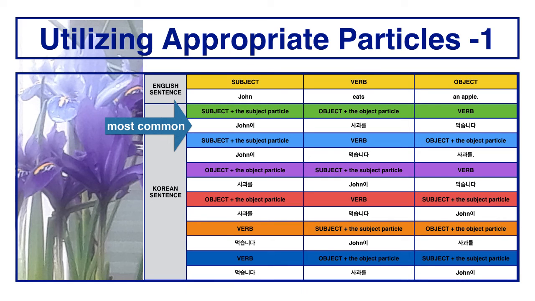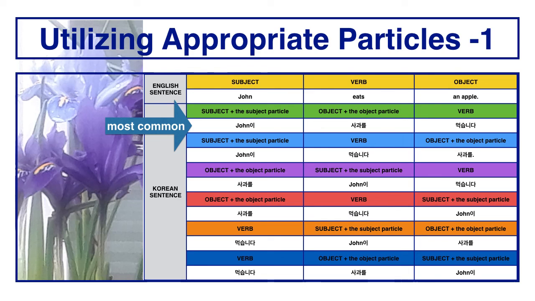Exercises. You see from this table other alternative ways of Korean sentence have same meaning as John eats an apple, such as John이 사과를 먹습니다.